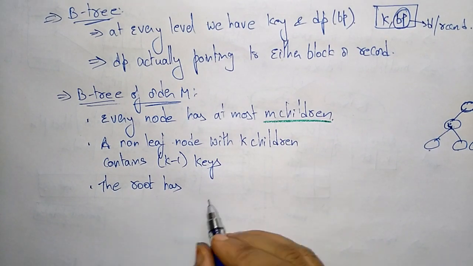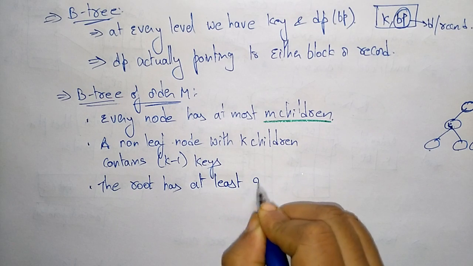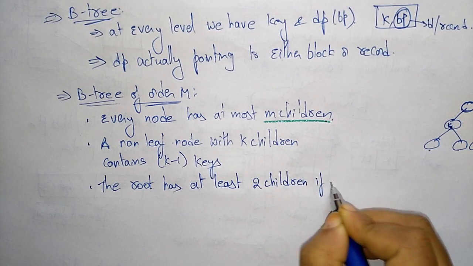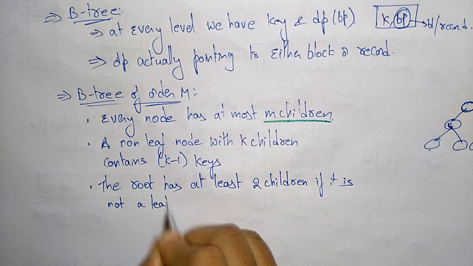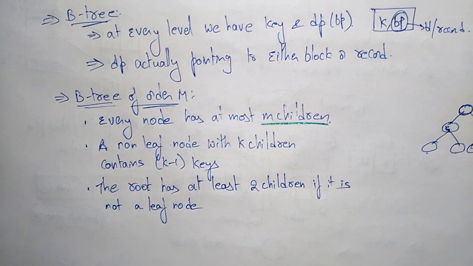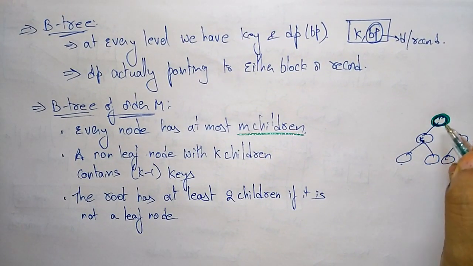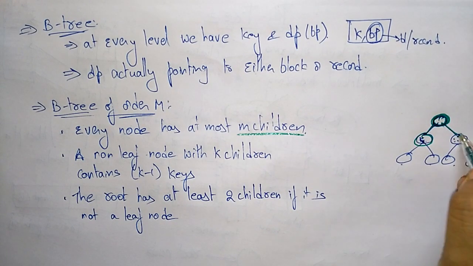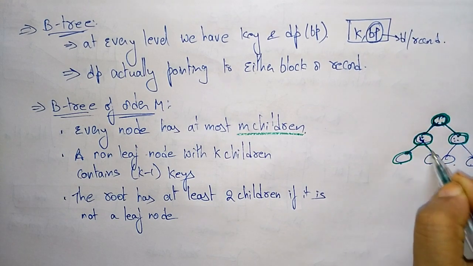Next, the root has at least 2 children if it is not a leaf node. If it is not the last node, suppose it is a root node, this root has at least 2 children should be there.